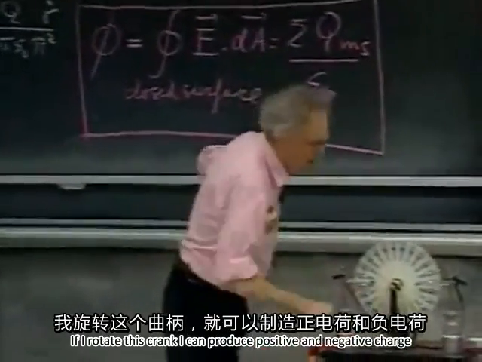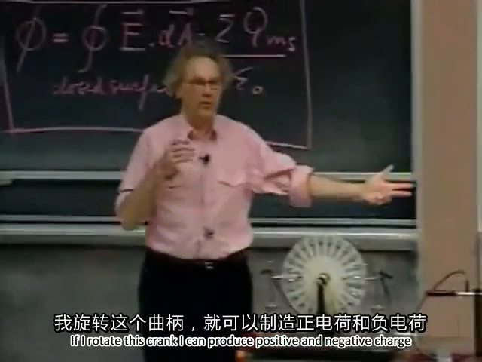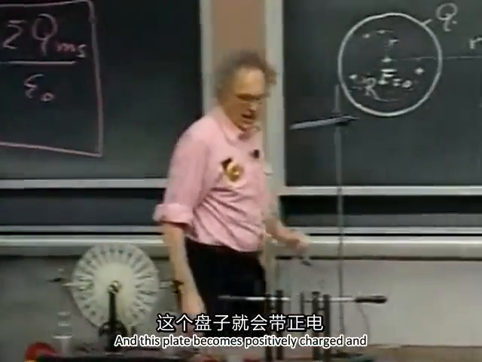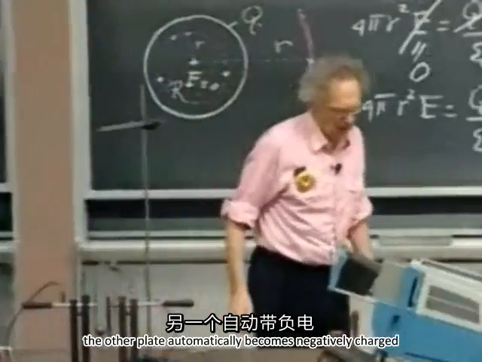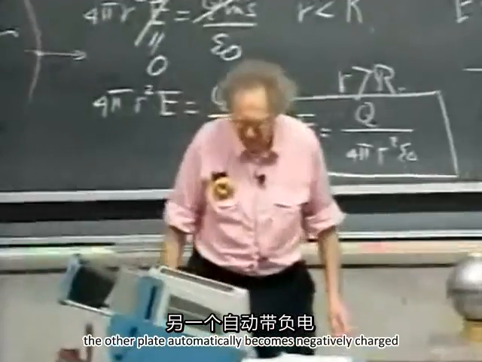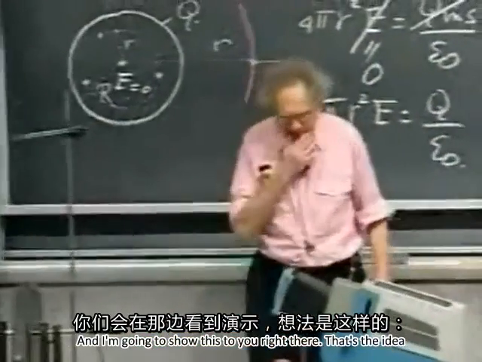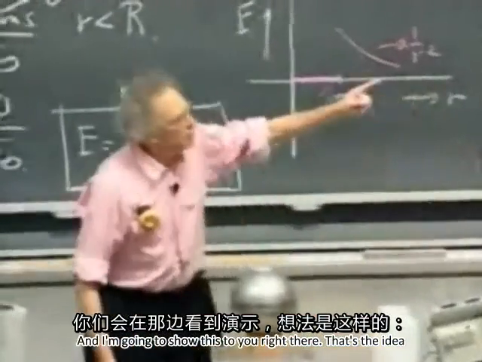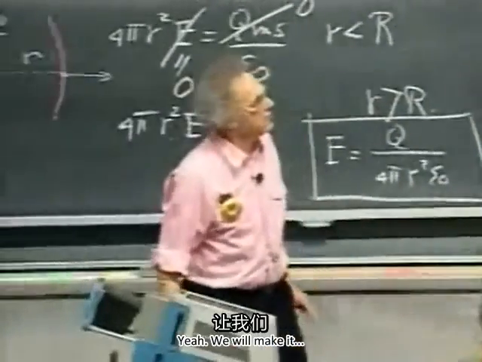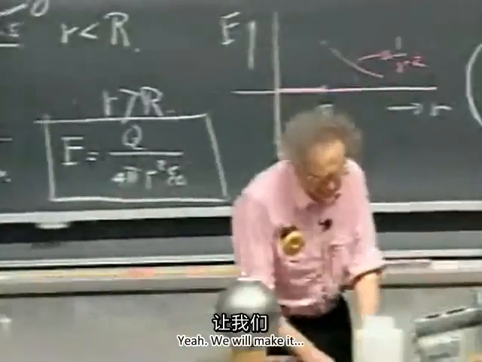If I rotate this crank, I can produce positive and negative charge, and this plate becomes positively charged and the other plate automatically becomes negatively charged. And I'm going to show this to you right there. That's the idea. Yeah, we'll make it.